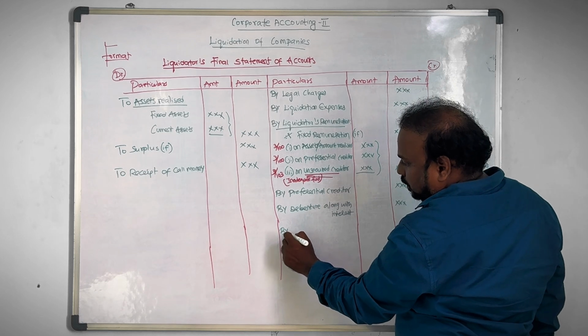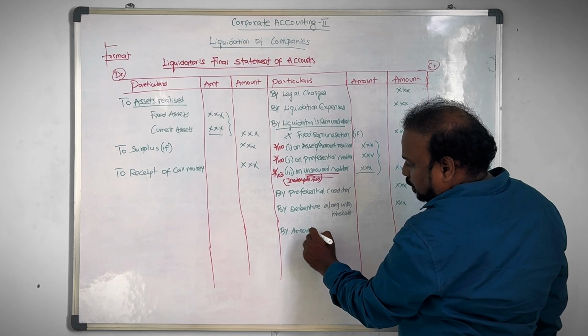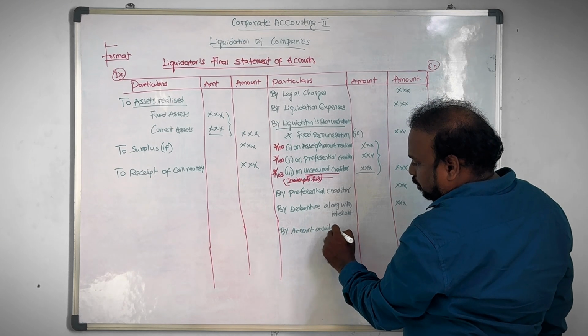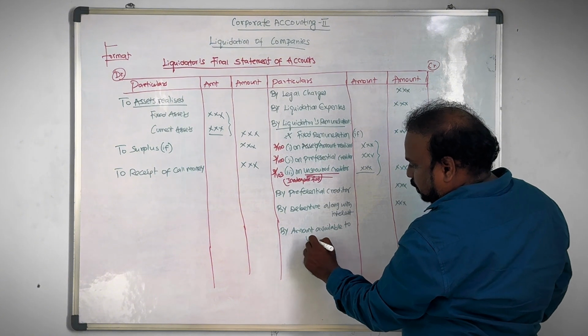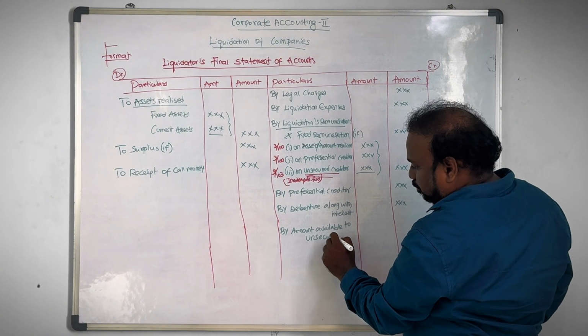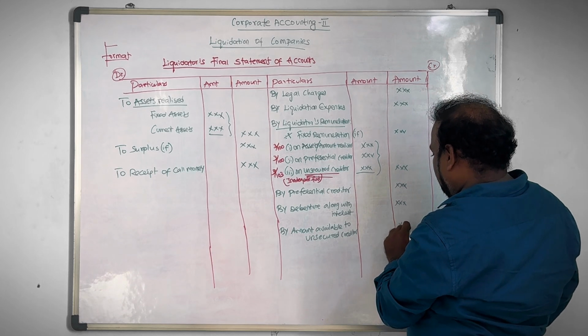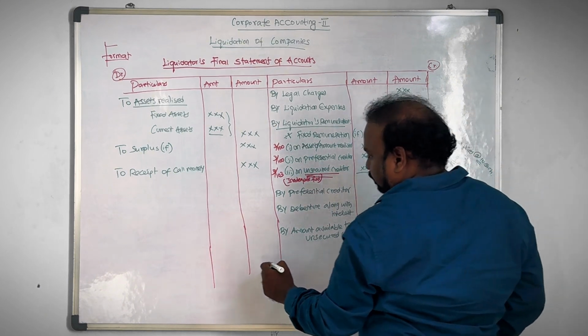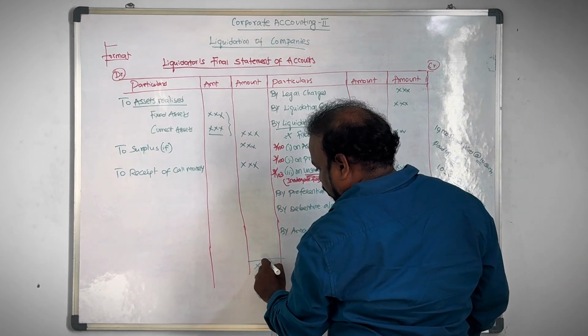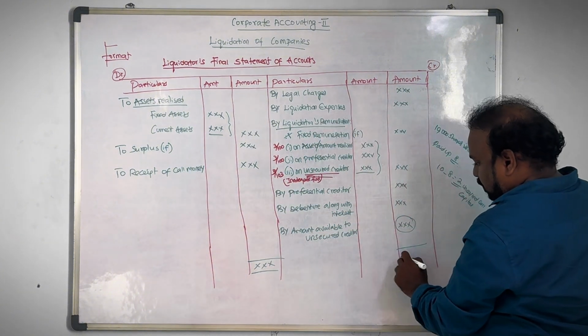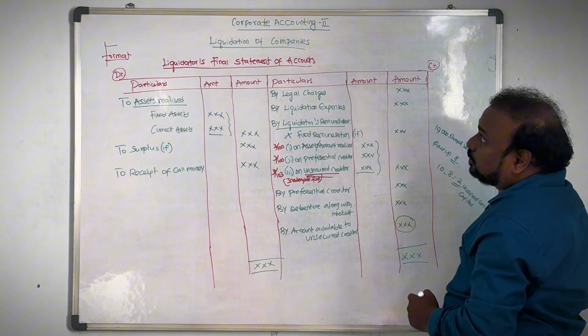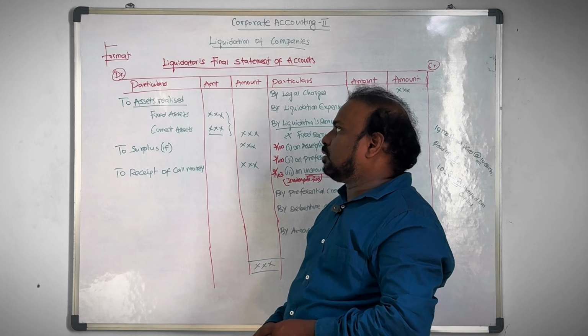Then by amount available to unsecured creditor. Usually this will be the balancing figure. This is the format for liquidator's final statement of accounts.